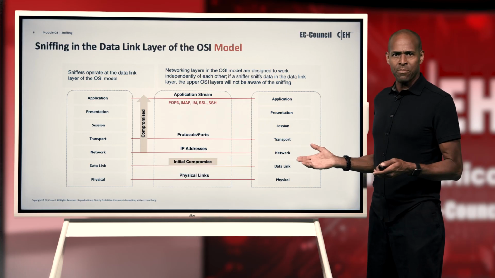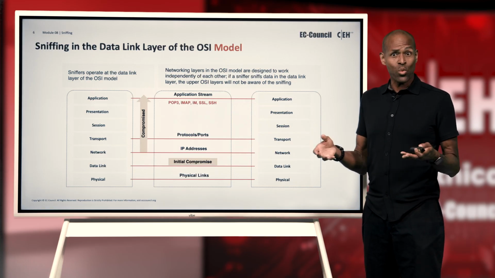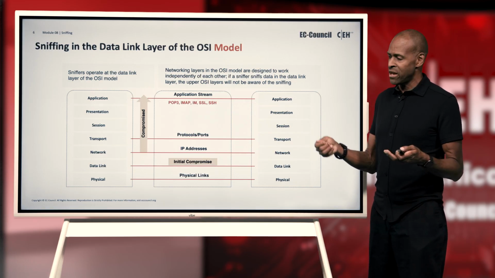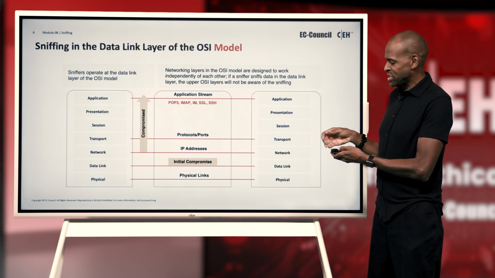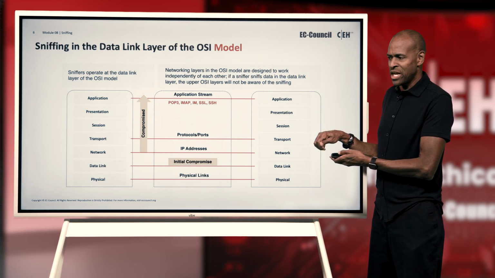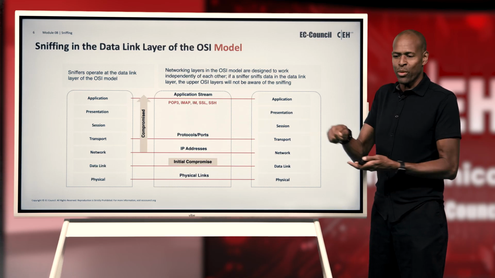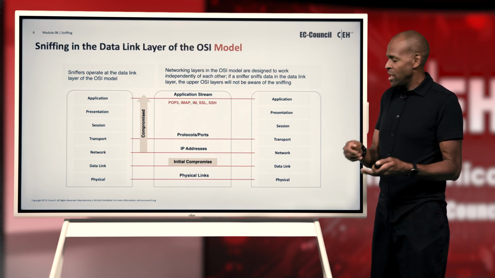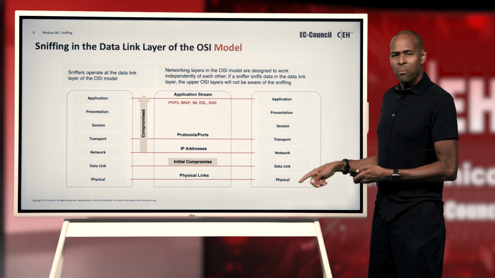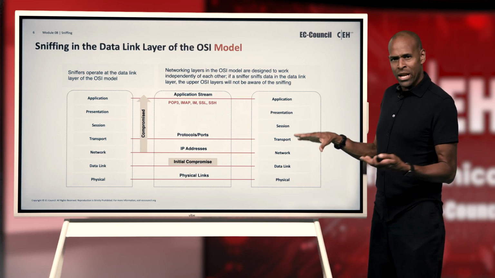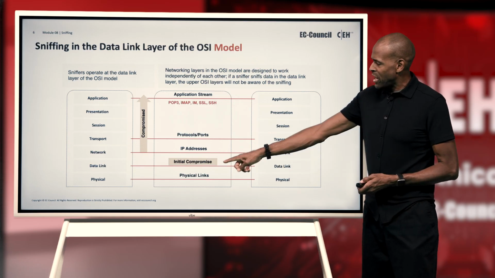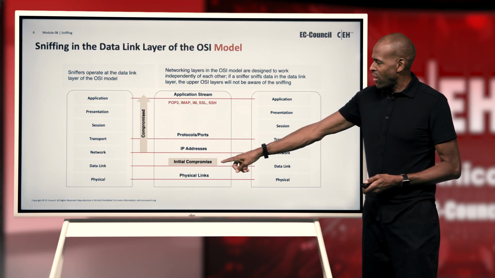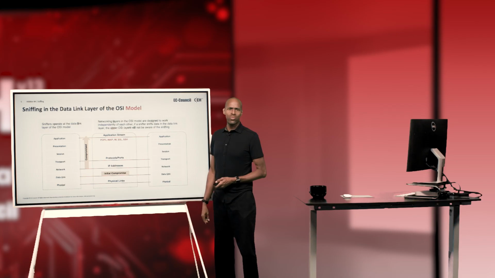Either way, if you look at a switch, like a Cisco switch, and you have a device like a computer that has a network interface card, and you take a cable and plug that into the switch, that's the physical layer. But when those ones and zeros form into a frame, you're at the data link layer. From the data link layer all the way up to the application layer is where we're dealing with sniffing.